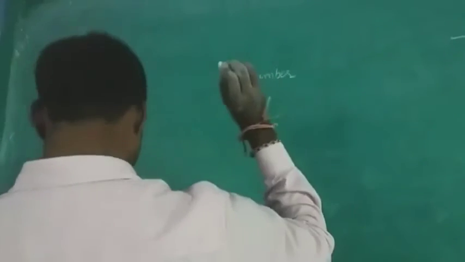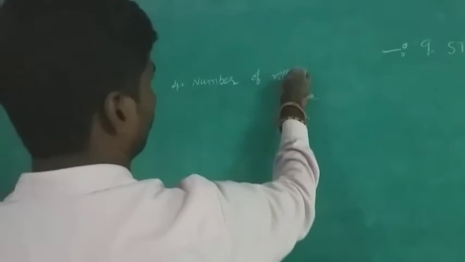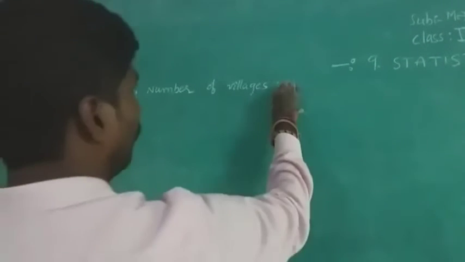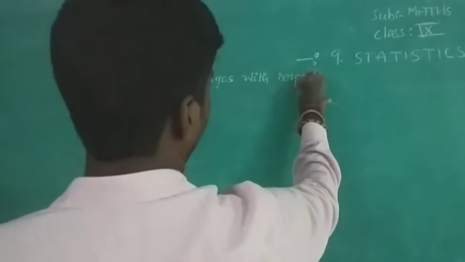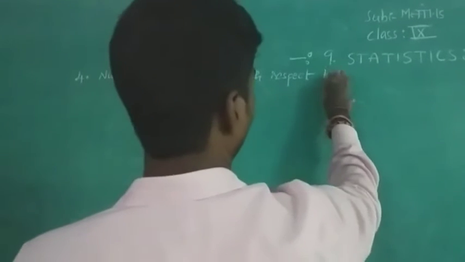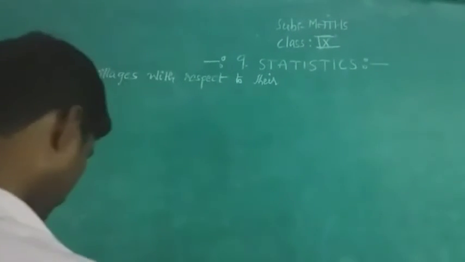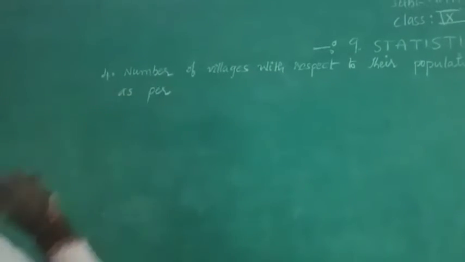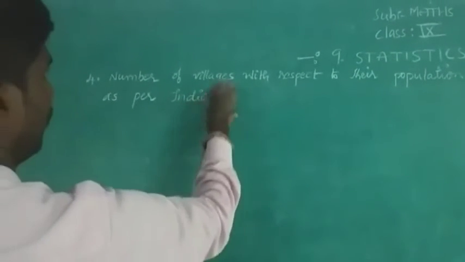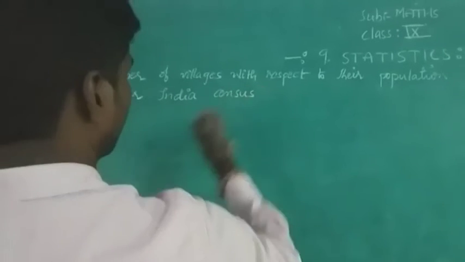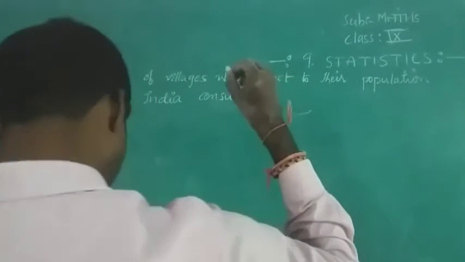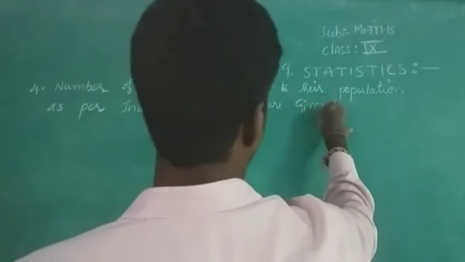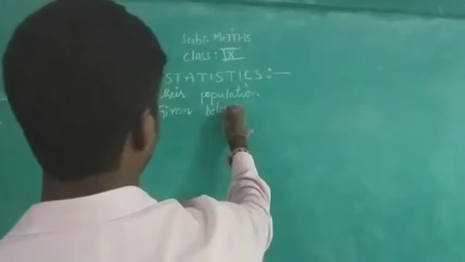Here is the fourth problem: the number of villages with respect to their population as per the India census 2011 are given below.